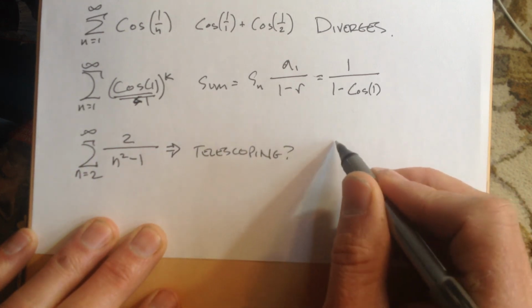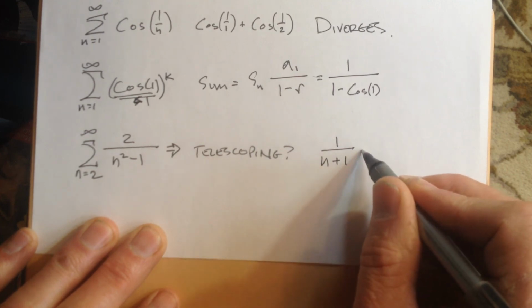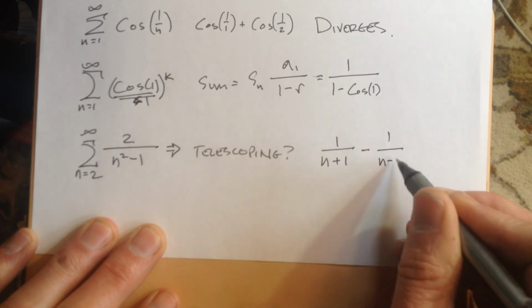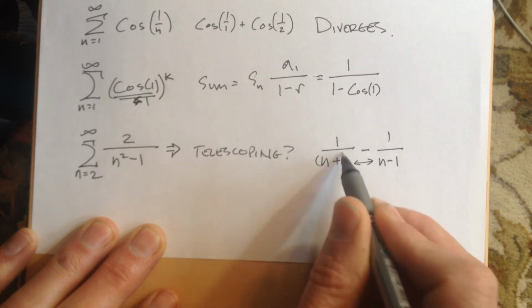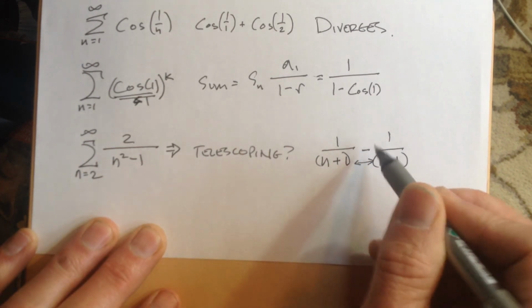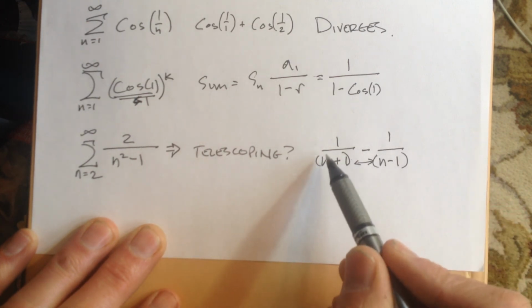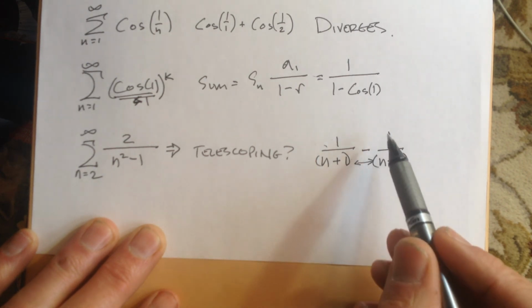We can write this as 1 over n plus 1 minus 1 over n minus 1. If you think about doing that, multiply these, I get n squared minus 1 like I should, and then when I multiply these and do the subtraction, I get n minus 1 minus n plus 1.